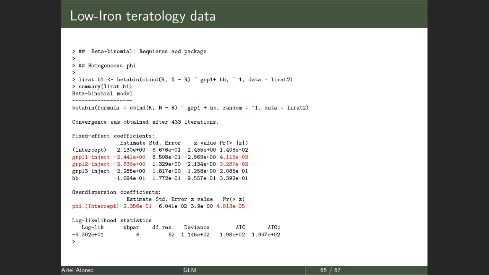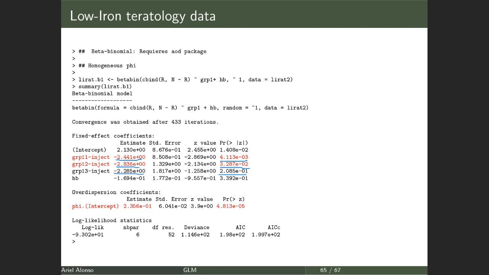So you get again a significant p-value. There is a significant difference between one injection and placebo. Here you have, there is a significant difference between these 2 injections and placebo. However, here now, with the 3 injections, it was not significantly different from placebo.